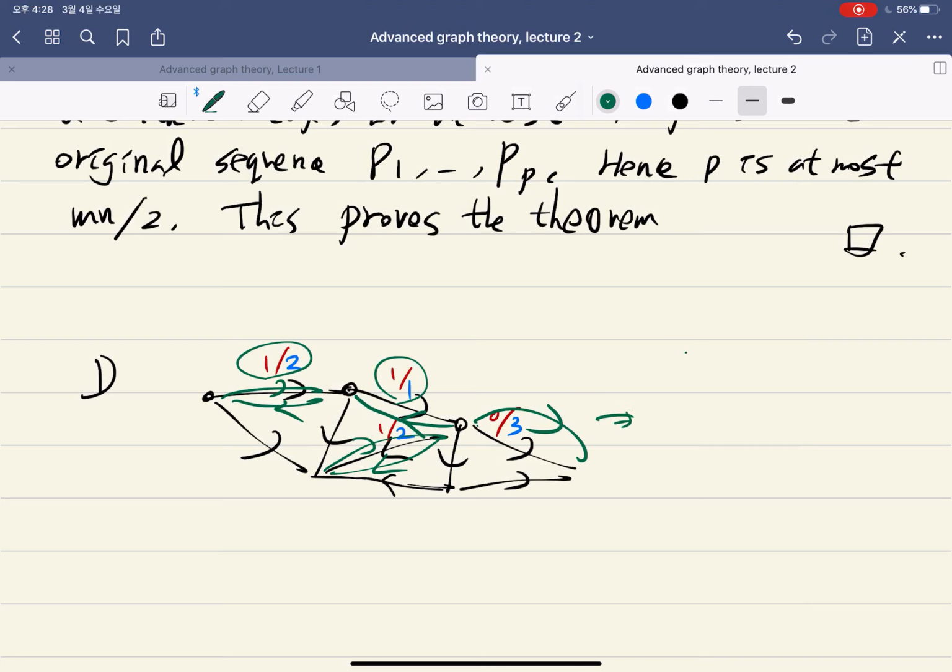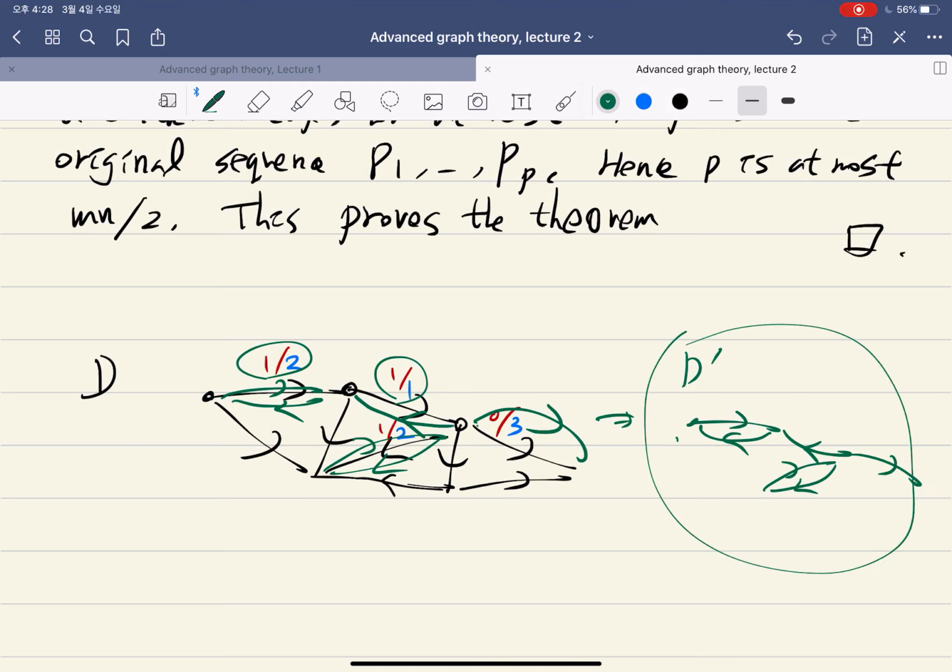Then you can create another directed graph here. In this directed graph, if we find a path from S to T, then that path is automatically an F augmenting path.